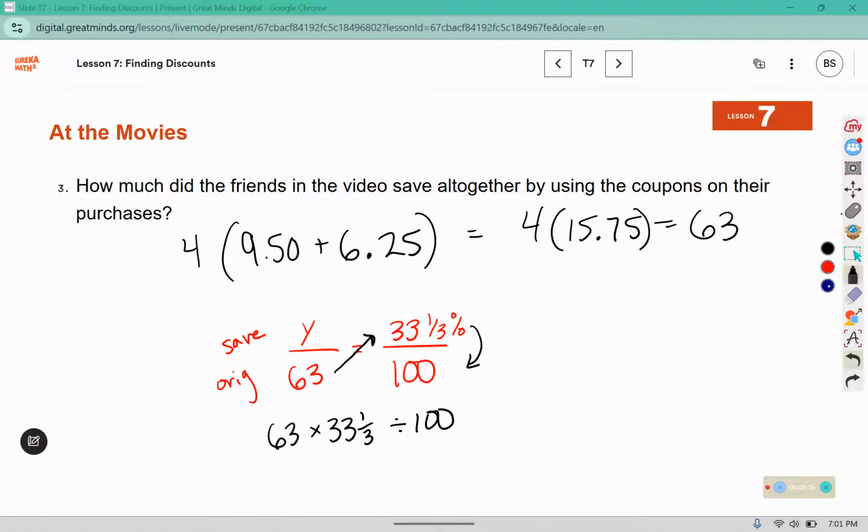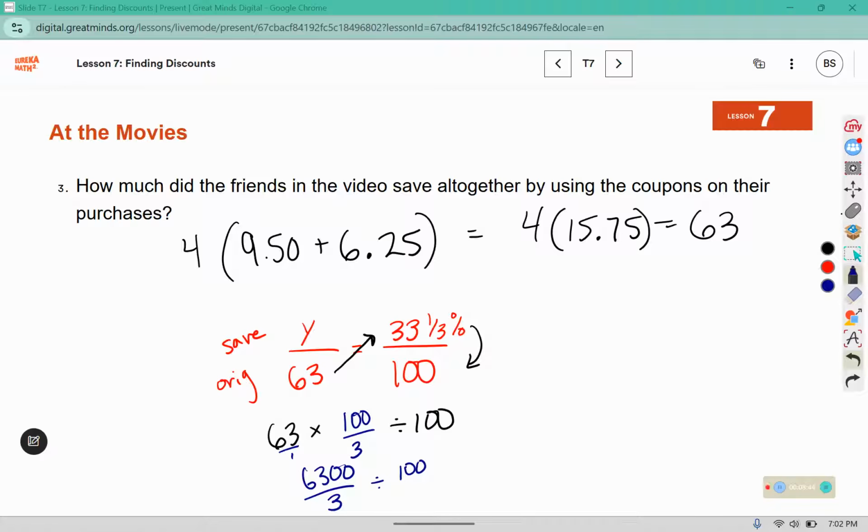Another way to write 33 and a third is as an improper fraction. 33 times 3 is 99, plus 1 is 100, so we could rewrite it as 100 over 3. 63 times 100 is 6,300. There's an invisible 1 down here, so 1 times 3 is 3.